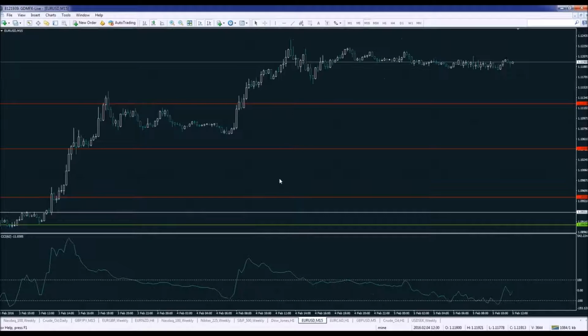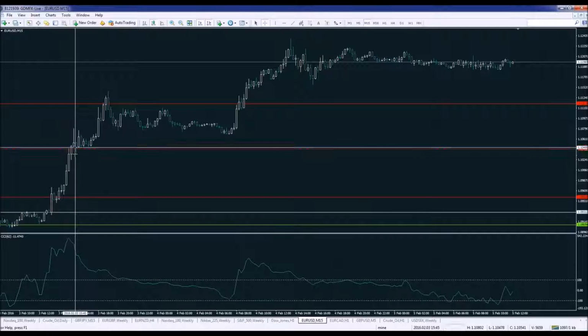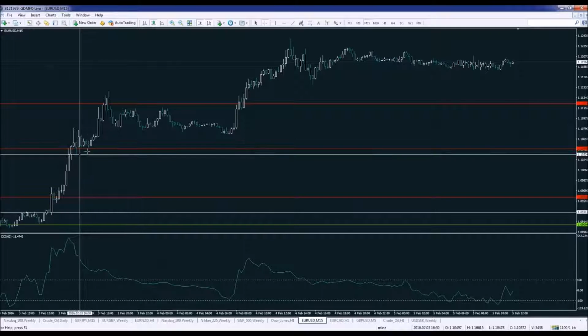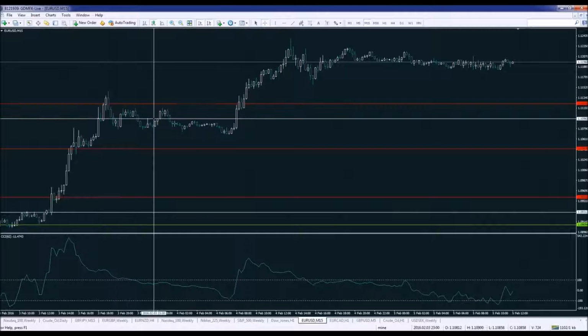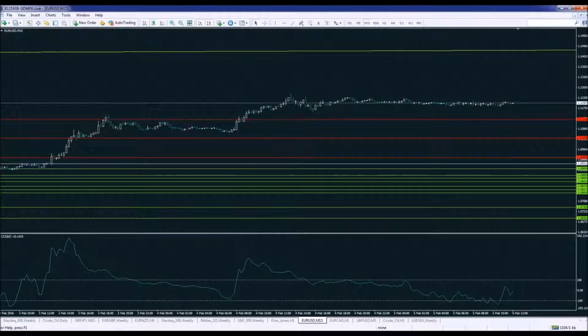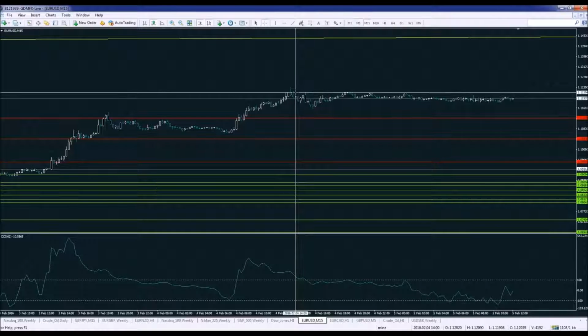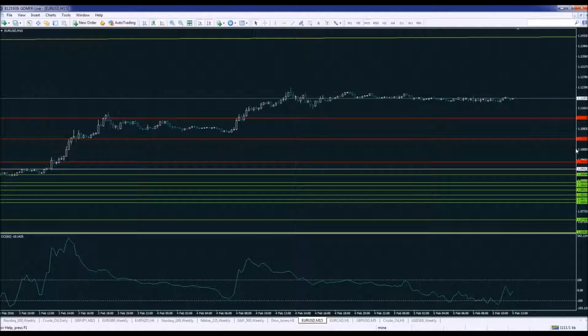Also, if we switch to the 15-minute chart, we can see pretty much the same movement, breaking the pivot point, reaching the first target on the resistance level, reaching the second one, of course, as a usual consolidation before reaching the third one, and aiming for even higher. However, we didn't really set any other targets, but it was probably going to be this one here.